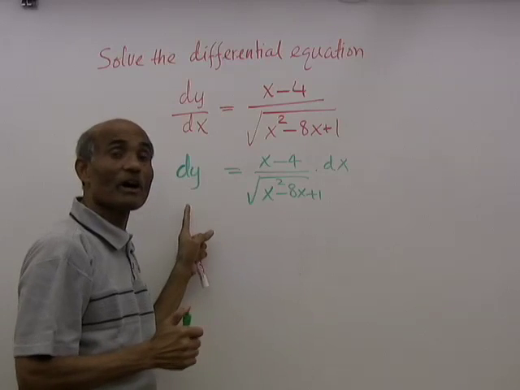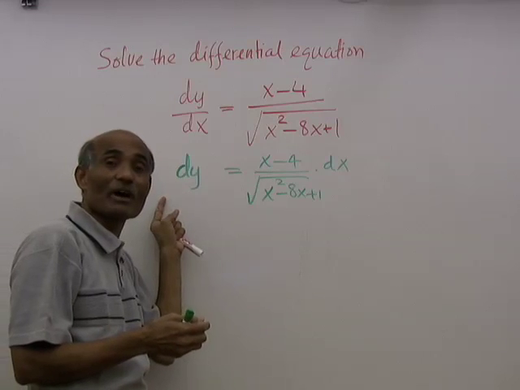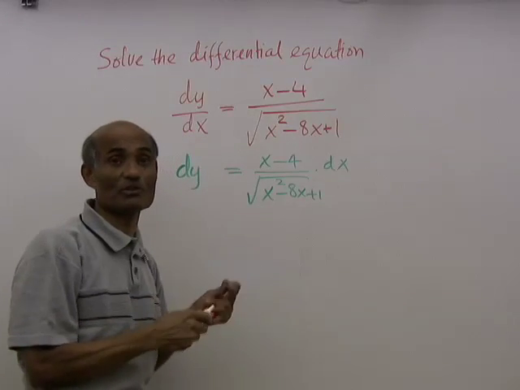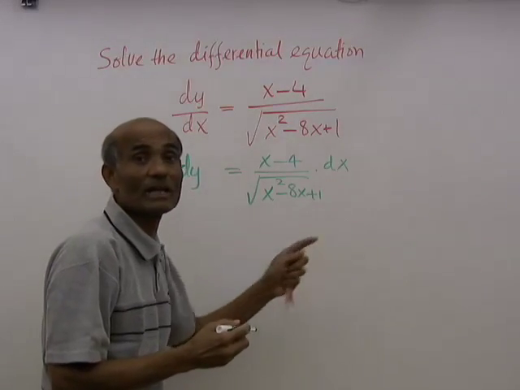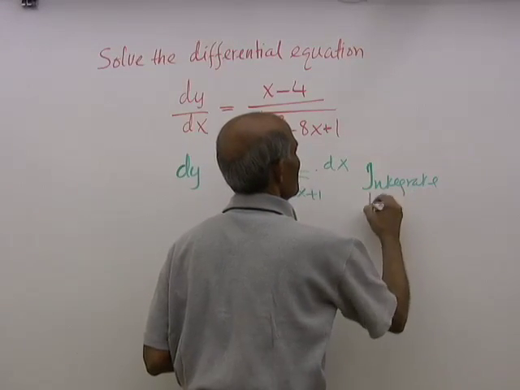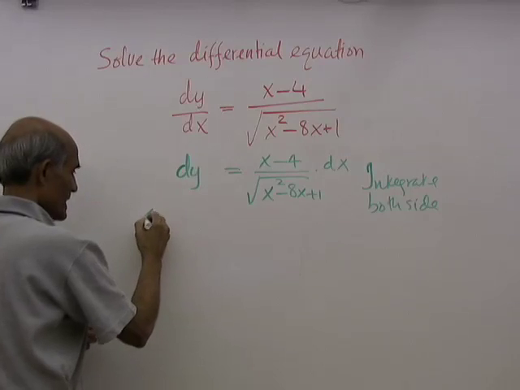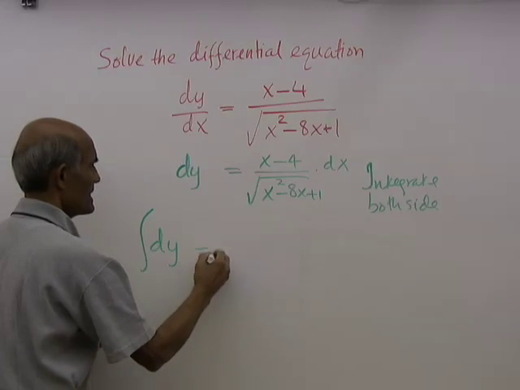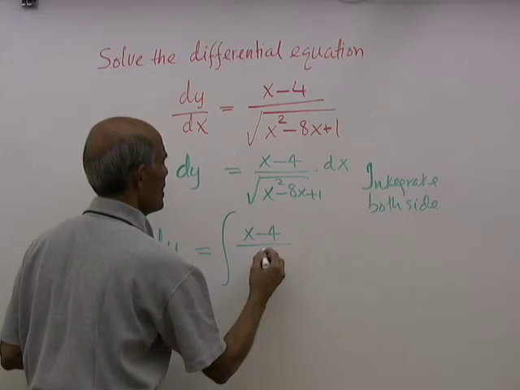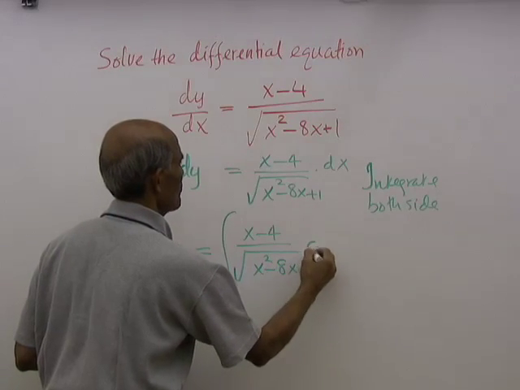Now, we are looking for y, and y can be obtained by integrating the left-hand side. Well, when you integrate the left-hand side, you integrate the right-hand side also. So what we do is integrate both sides. That will give you the integral of dy equal to the integral of (x minus 4) over the square root of (x squared minus 8x plus 1) dx.